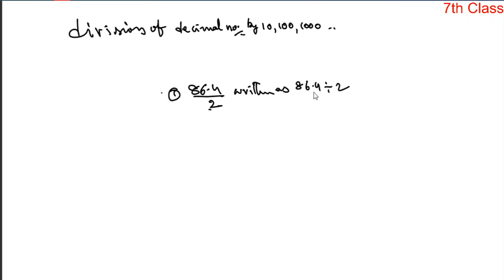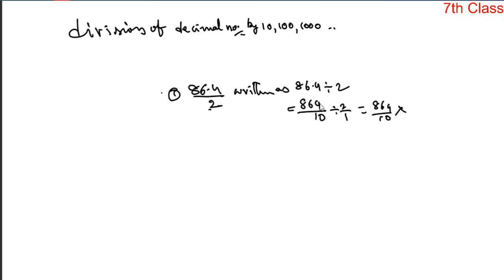So 86.4 divided by 2 is equal to, as we know how to convert the decimal number into a fractional number, remove the decimal point and write it in fractional form. So 864 by 10 divided by 2. Every whole number has the denominator 1.